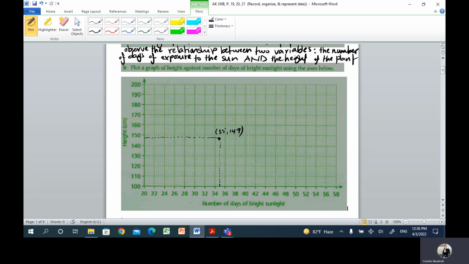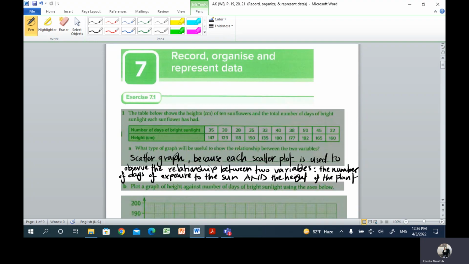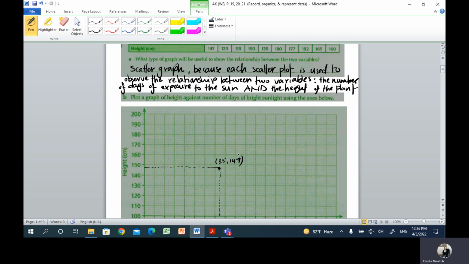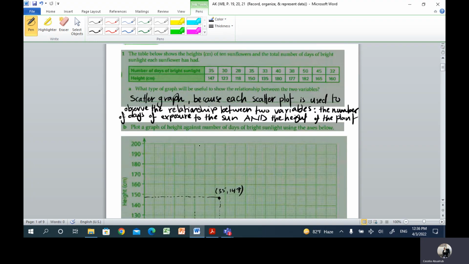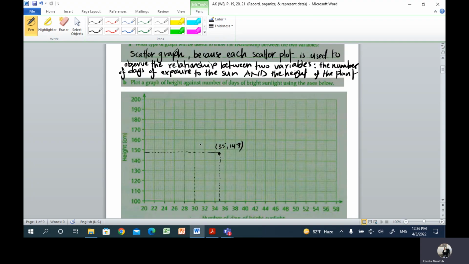And you do the exact same thing for the rest of the points, such as 30 and 123. So you go on the x-axis to 30, and you draw a straight line. And then the 123, so this is 120 and 123. It's going to be somewhere here. So this will represent the 30 and the 123.